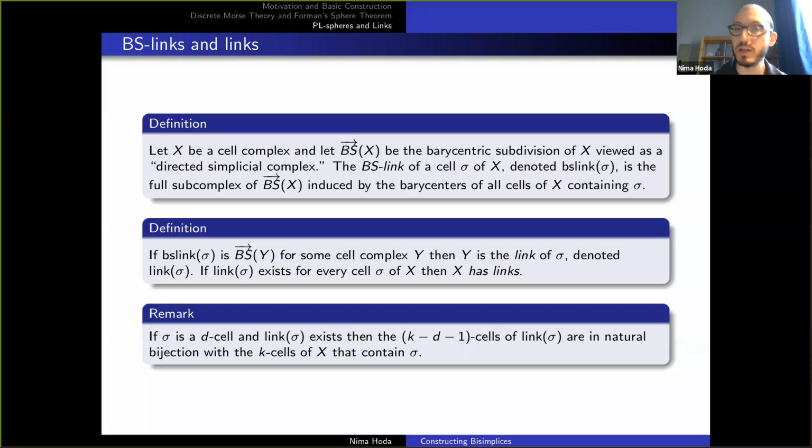It's a natural bijection, because the inclusion poset of the link of sigma is just a restriction of the inclusion poset of X to the cells that contain sigma. So that all works out the way you expect it to.